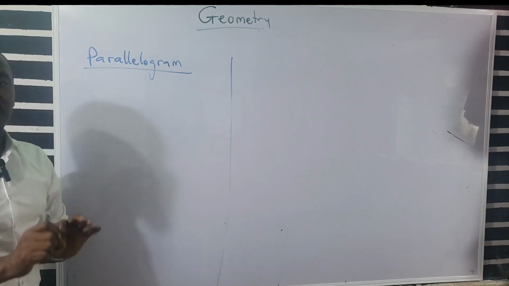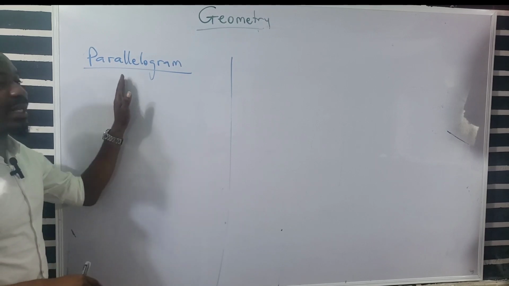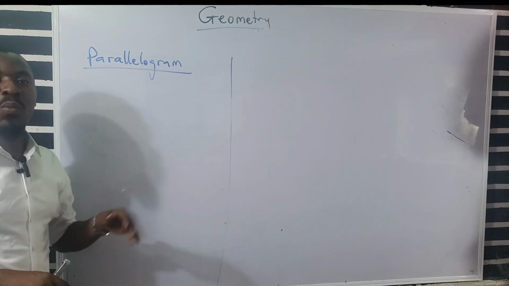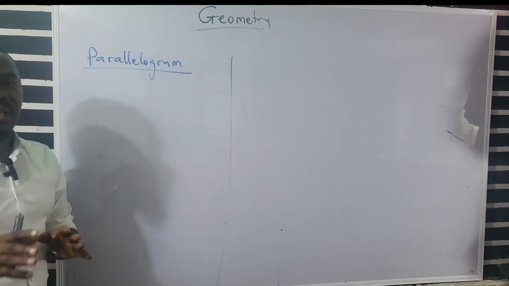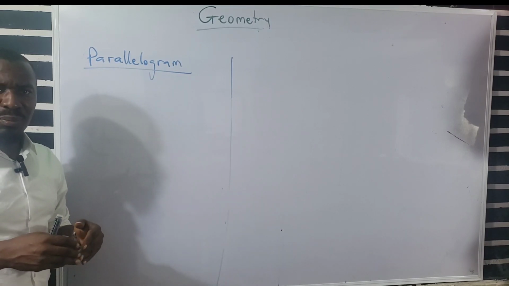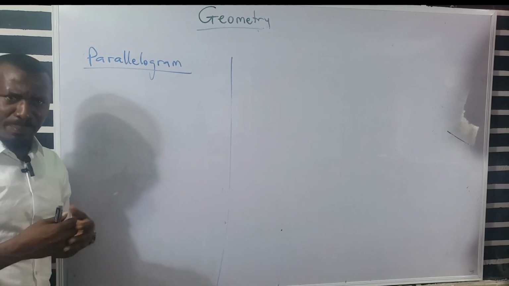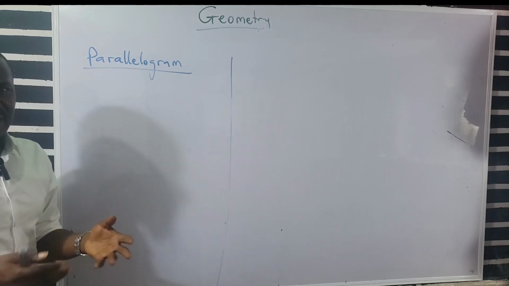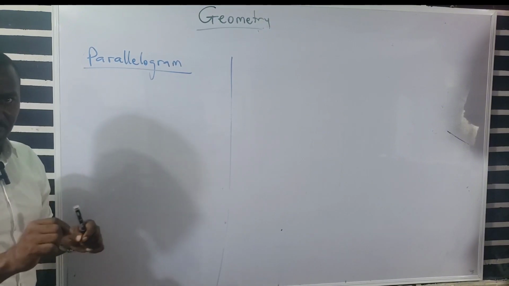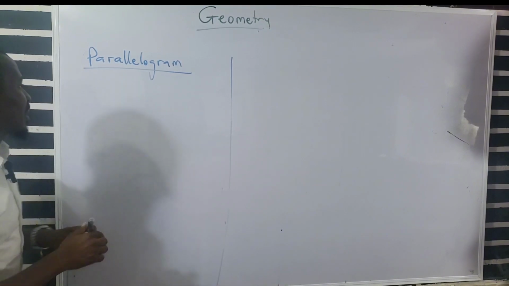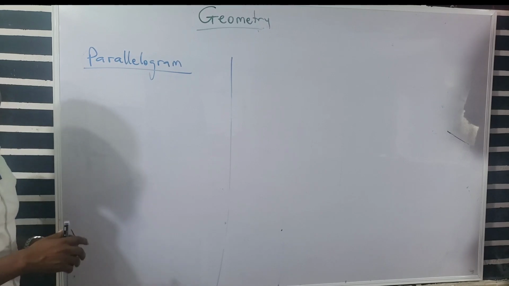So long as the two opposite sides are parallel, it's a parallelogram. Okay. Now we have shapes that are under parallelograms. But before that, let us look at the properties of parallelogram. What are the things that we are likely to see in a shape and we say that, oh, this shape is a parallelogram? So let us look at the properties.